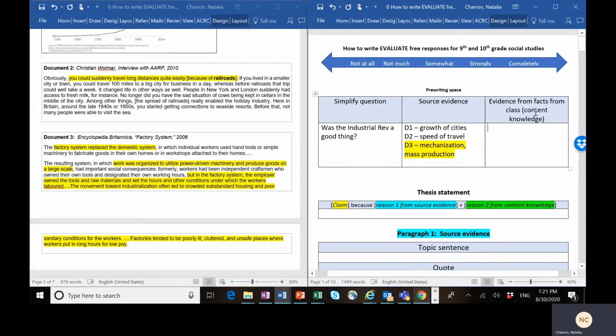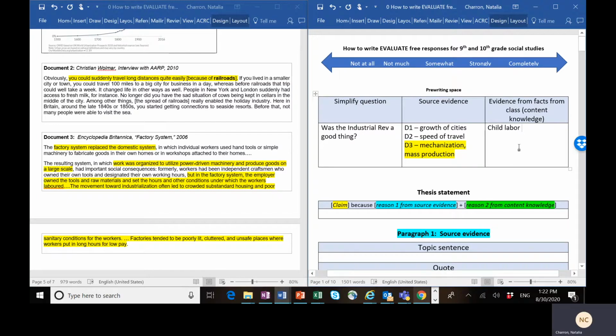That leads me to the next step of this whole process, evidence from facts from class content knowledge. My second reason in support of my thesis statement is going to come from specific facts that I can remember from key points from class. And from class, I remember that child labor was super bad during the Industrial Revolution, and basic working conditions were horrible.